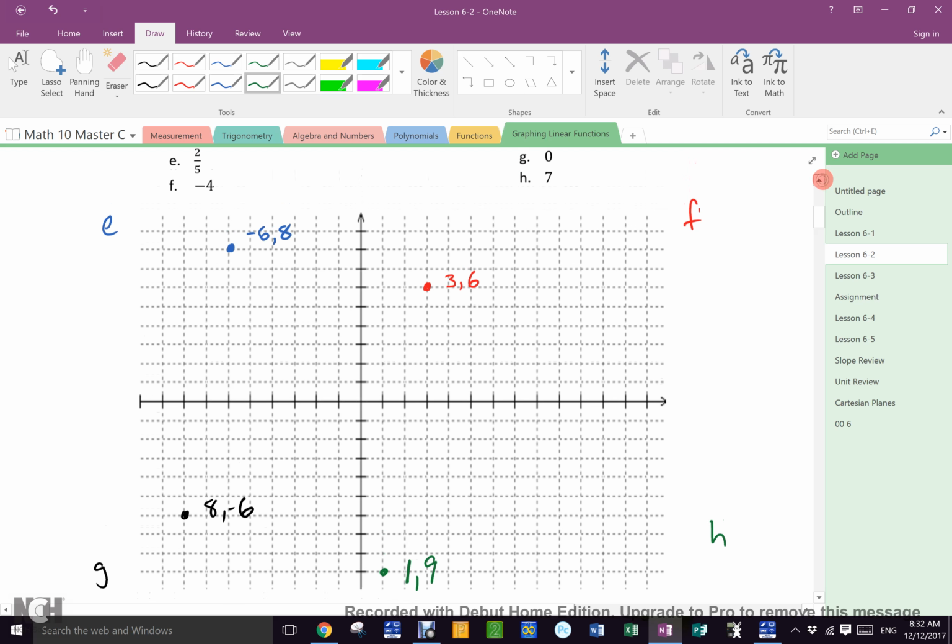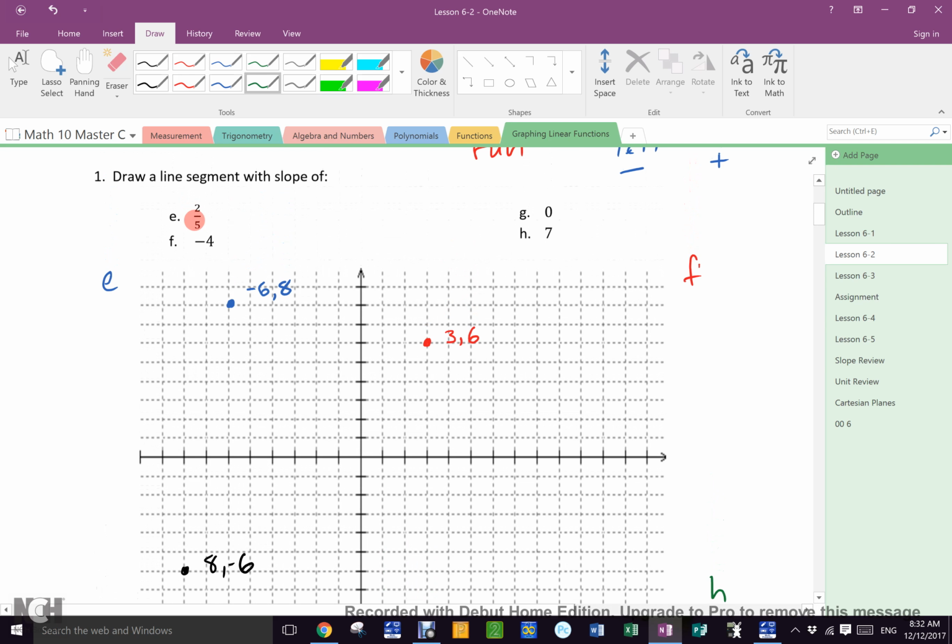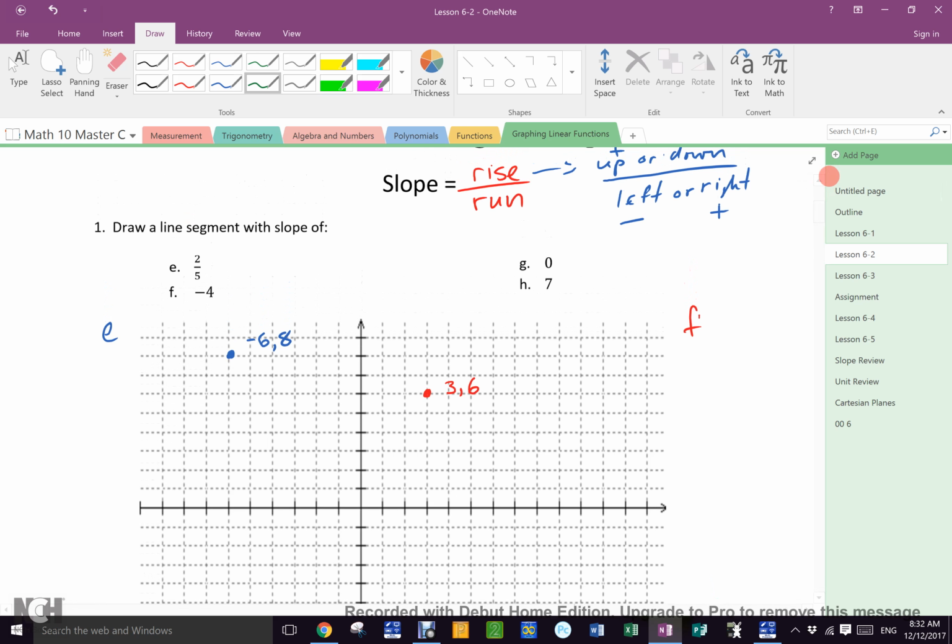Excellent. Now, knowing what you know about slope, rise over run, draw another dot and connect the two so they have the appropriate slope. I will do the first one because apparently it is needed. 2 over 5. Is that a positive or a negative slope?